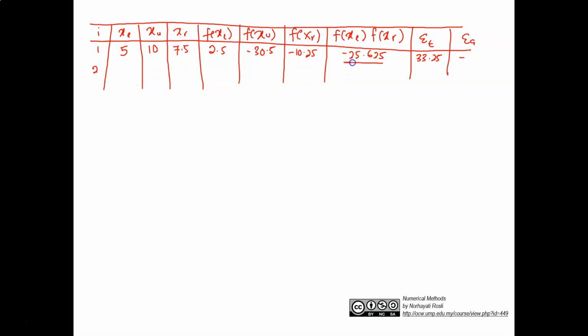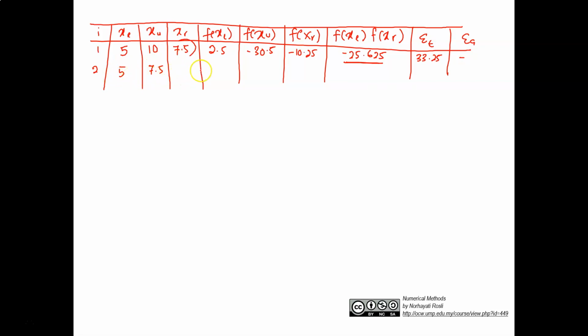When this one is less than 0, means that we need to set our XR equal to new XU. So here, instead of XR at this column, now it's become new XU. So we change our XU instead of 10 to 7.5. But XL remains same.